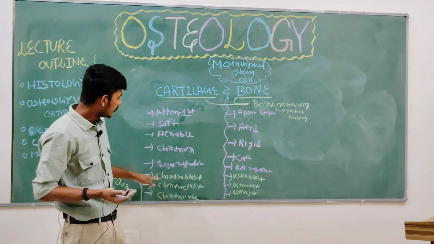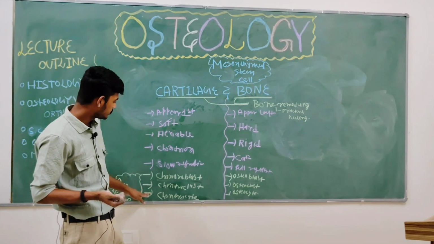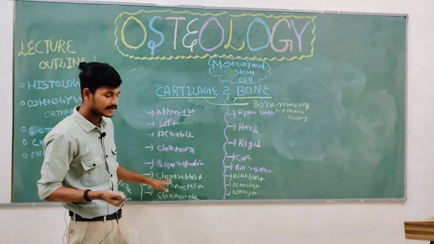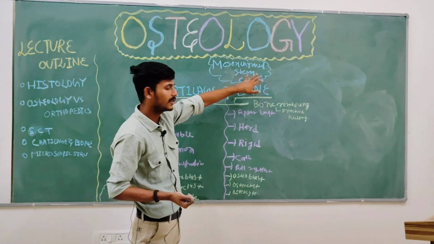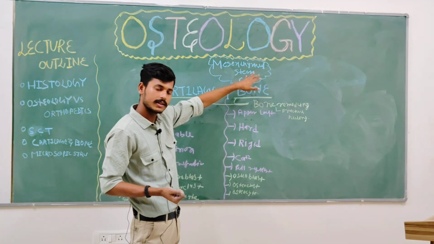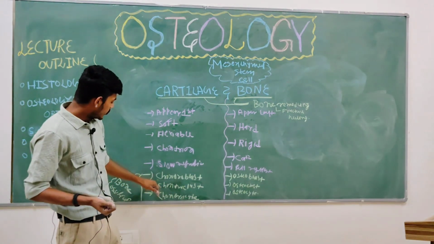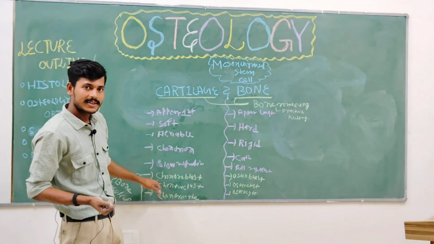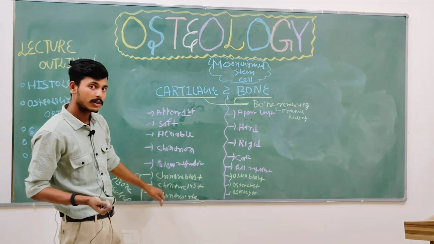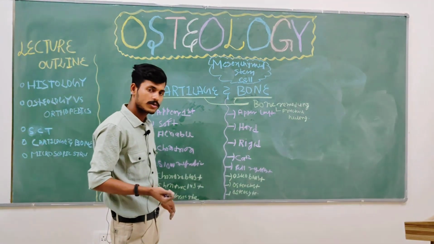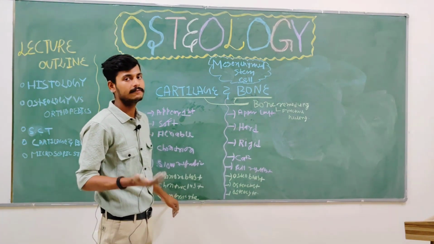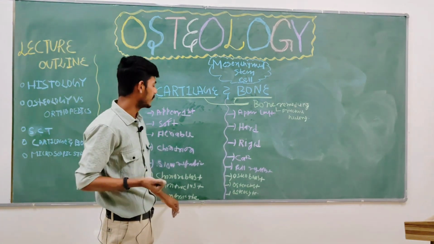Understanding? Now there are three types of cells in the cartilage, and all are differentiated from the mesenchymal stem cell. The chondroblast, as I said, is a cartilage forming cell. Then you have the chondroclast, which is basically a cartilage eating cell. Then you have the chondrocyte, which is a metabolically active cartilage cell.